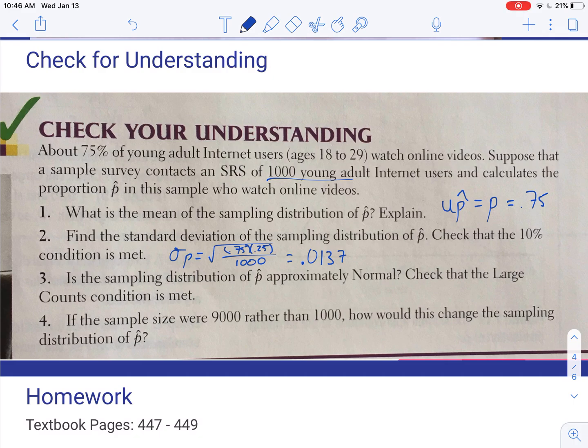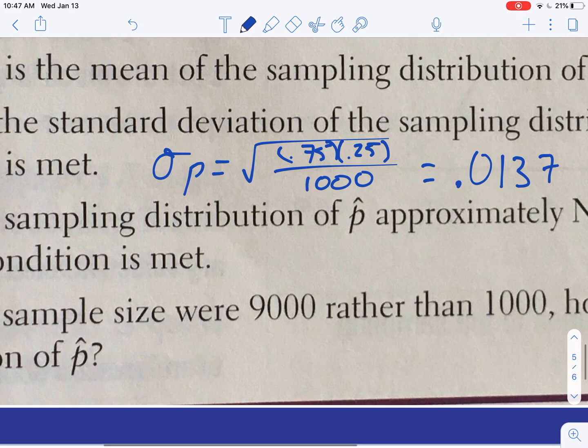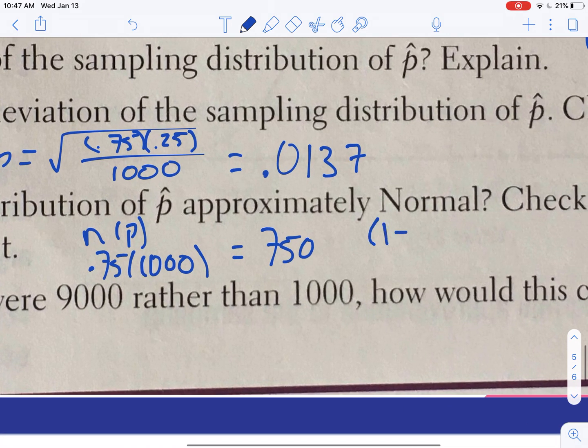Now, is the sampling distribution approximately normal? So we're going to do n times p, or the number times the proportion, which in our case is 0.75 times 1,000, which is equal to 750. We are going to do 1 minus p times that n, that sample size, that's 0.25 times 1,000.